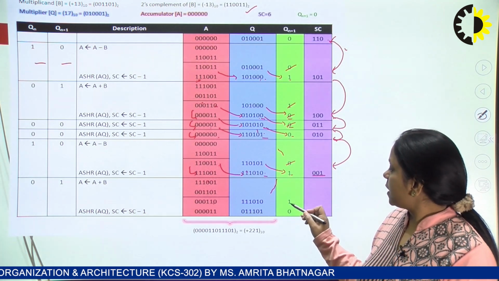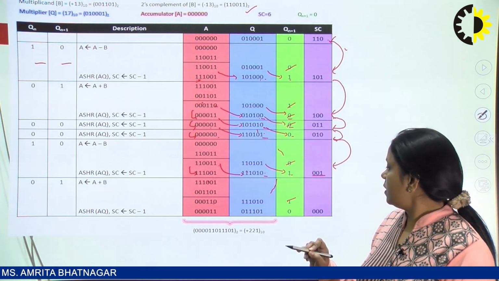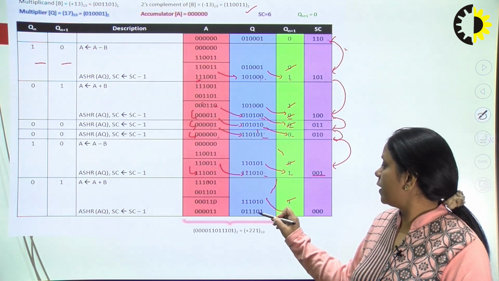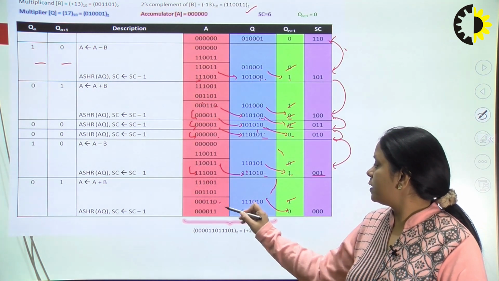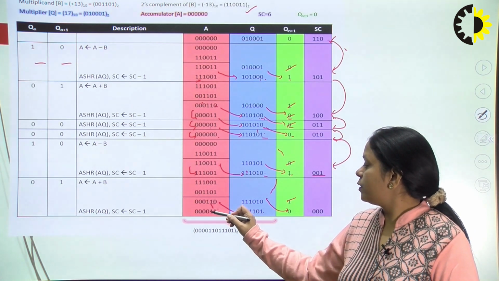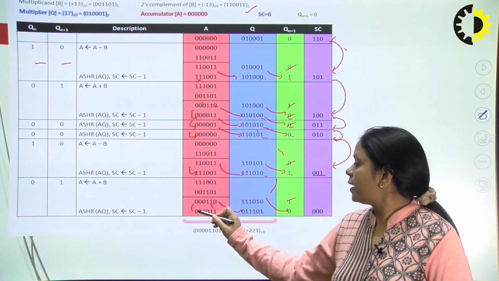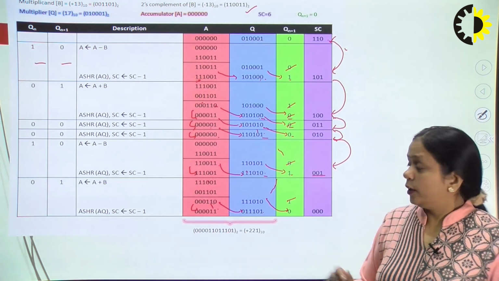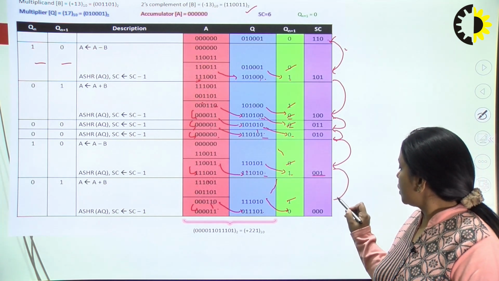In the case of arithmetic shift right, we will lose this 1, 0 will come here, 1, 0, 1, 1, 1, and this 0 will come here, and 1, 1, 1, 0, 0, 0, and in the last bit we will have 0. Fine. Then again reduce the value of sequence counter.